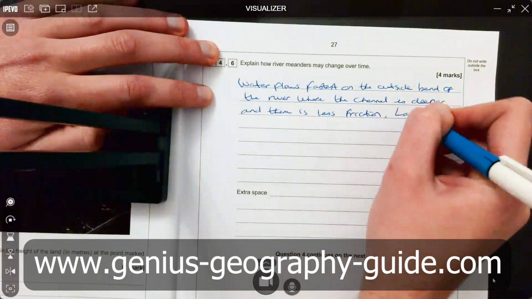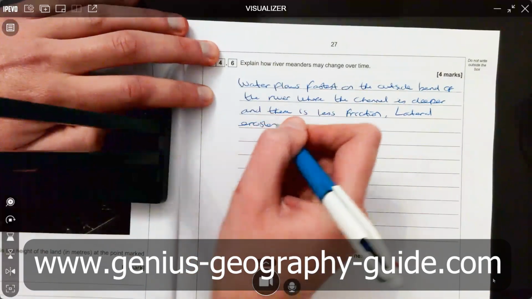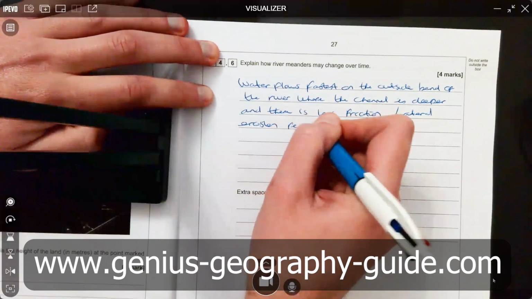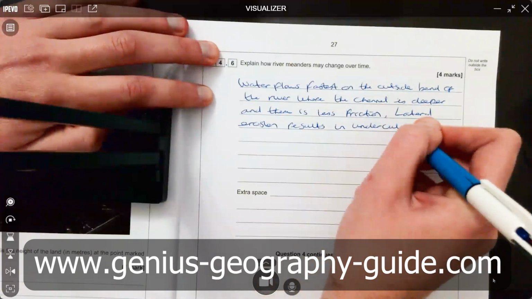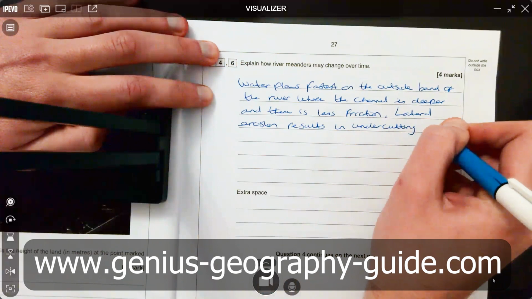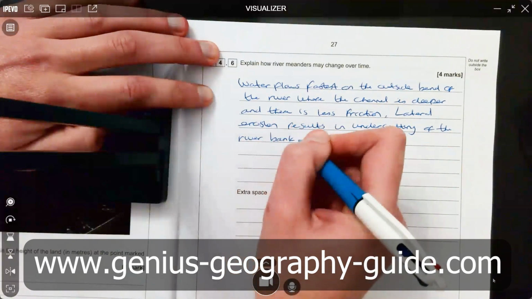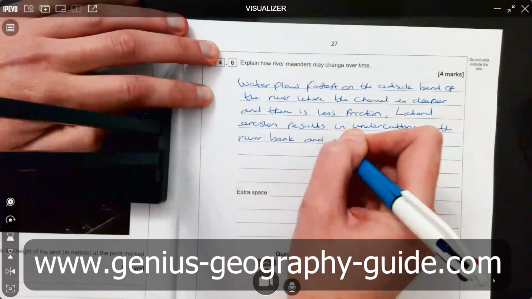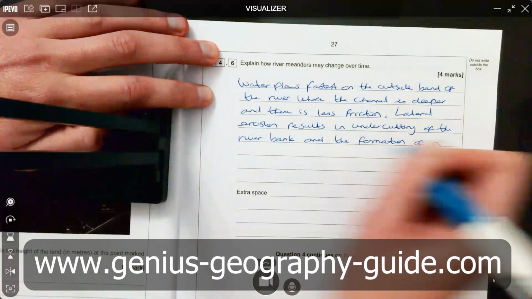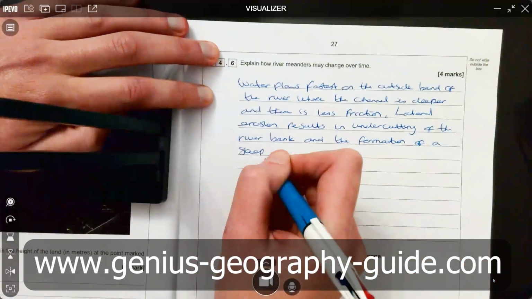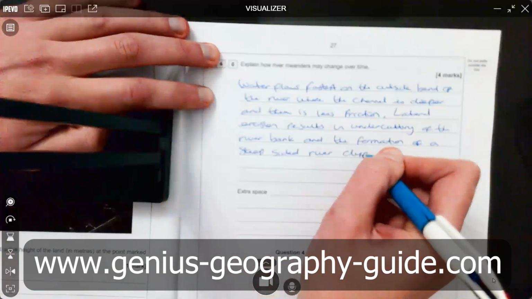Full stop. Lateral erosion results in undercutting of the riverbank and the formation of a steep sided river cliff.